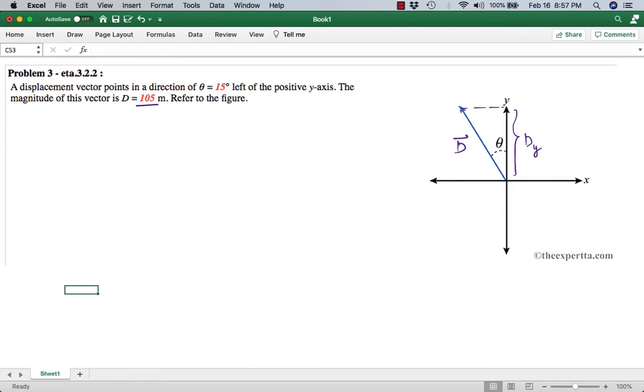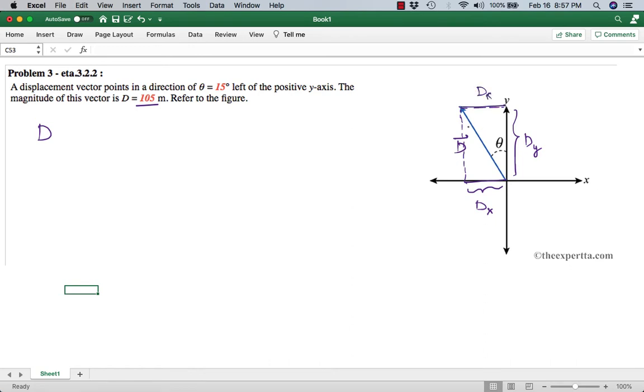And if you project this on the x-axis, then this length will give us the x component of this vector. So that's dx. So we want to find dx and dy. So we need to use trigonometry here. This length dx and this length are the same, so you can also consider this to be dx.